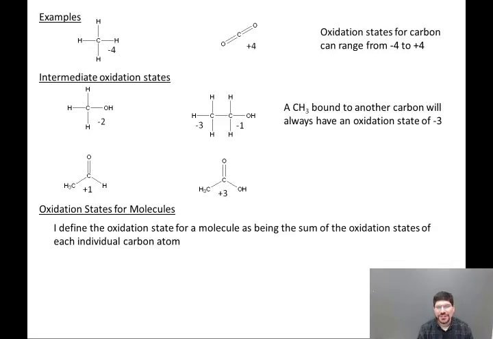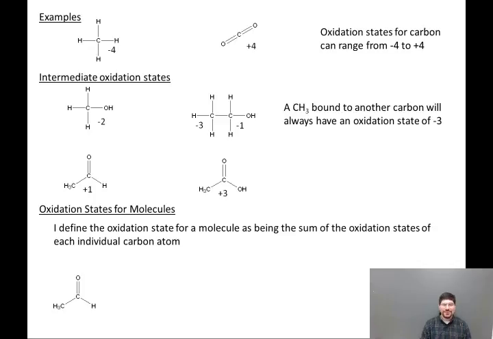We're considering right now oxidation states at individual carbon atoms, but in order to understand oxidation and reduction reactions, we have to come up with some way to look at what's happening to an overall molecule. So my definition of oxidation state for a molecule is that it is the sum of the oxidation states of each individual carbon atom. Looking at a couple of the examples that we've already looked at, in acetaldehyde, we initially evaluated the oxidation state of the carbonyl carbon to be +1.